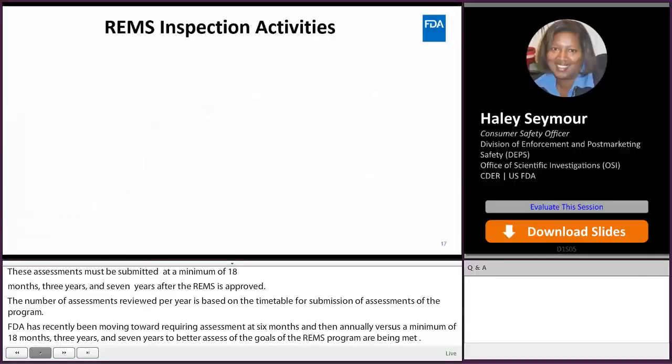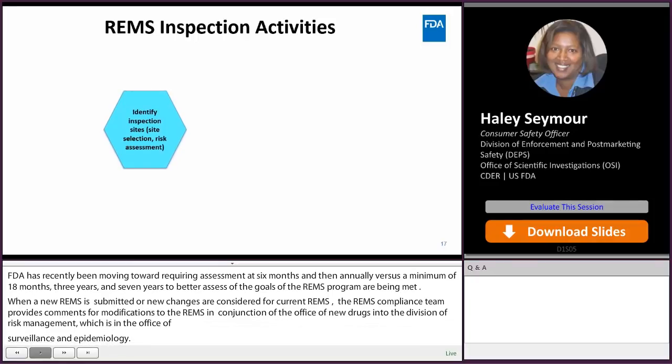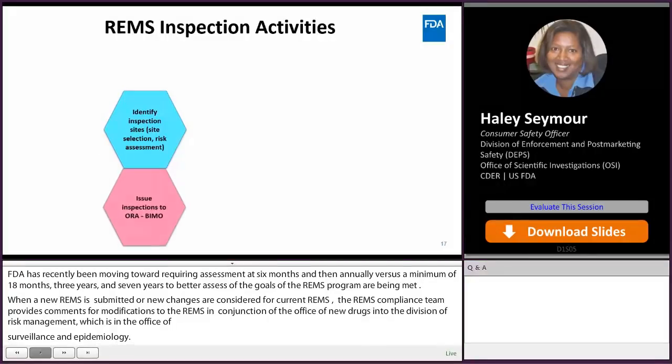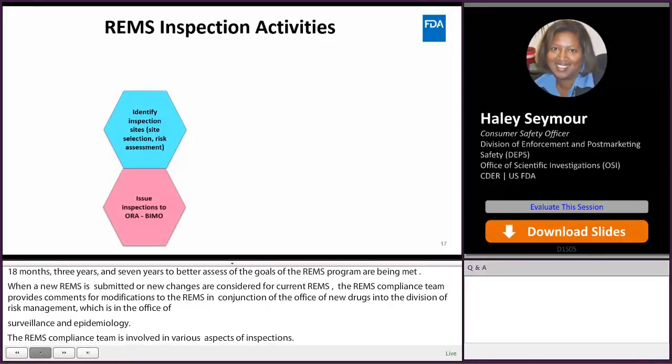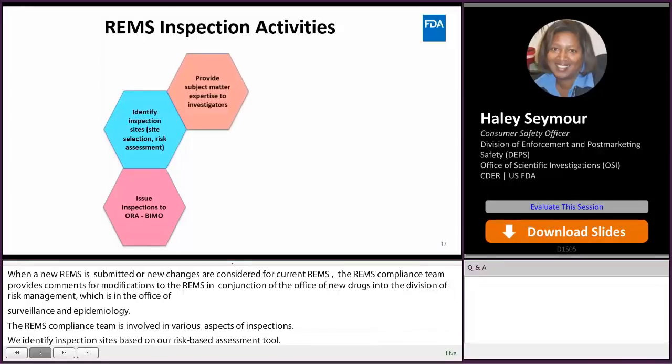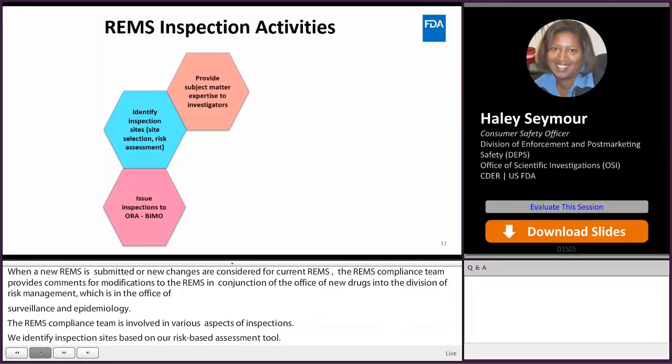The REMS compliance team is involved in various aspects of inspections. We identify inspection sites based on our risk-based assessment tool. We issue inspections to the Office of Regulatory Affairs under the BIMO program. We also work with the investigators as subject matter experts during inspections.